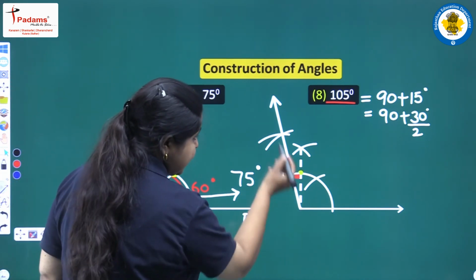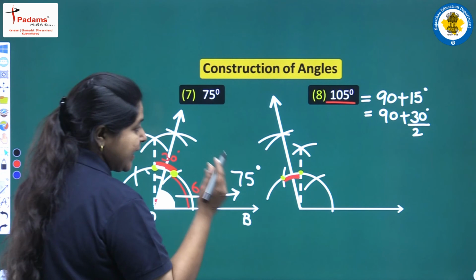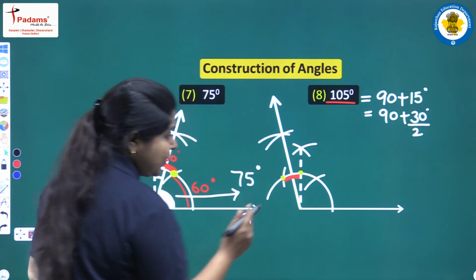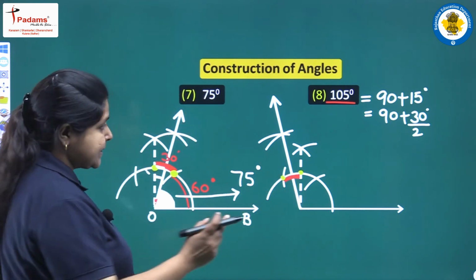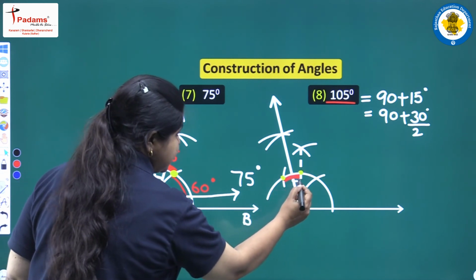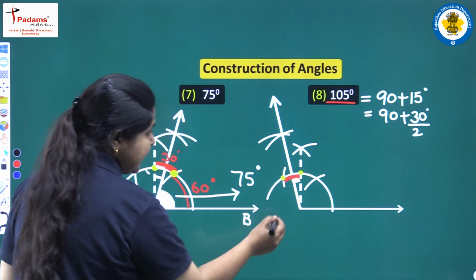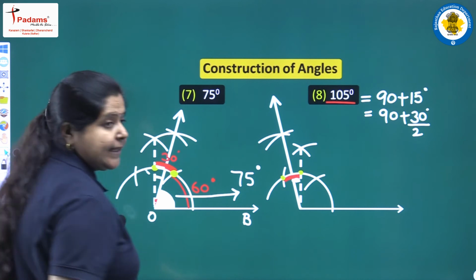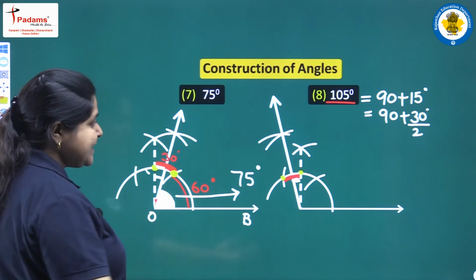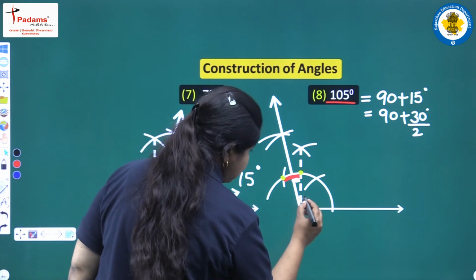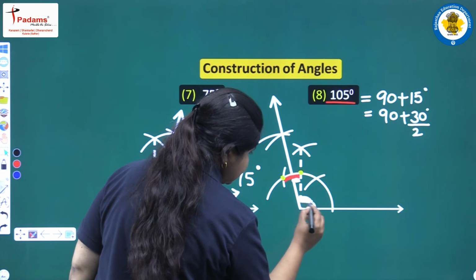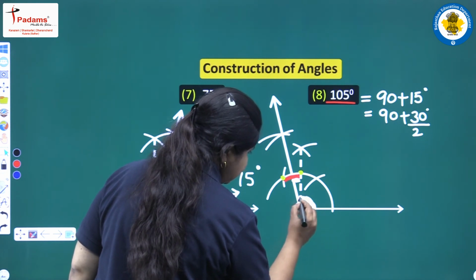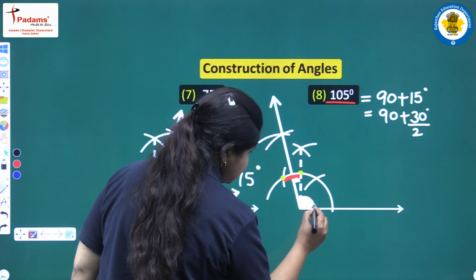You can see this line segment or this ray is bisecting this red angle of 30 degree into 2 equal parts. That is, this first part is of 15 degree, and you know that this remaining one is 90 degree, and 90 plus 15, we get this complete angle as this one. This complete angle, this will measure how much?